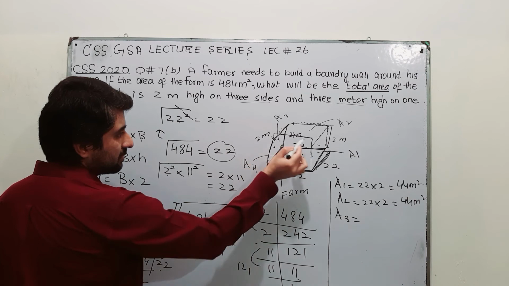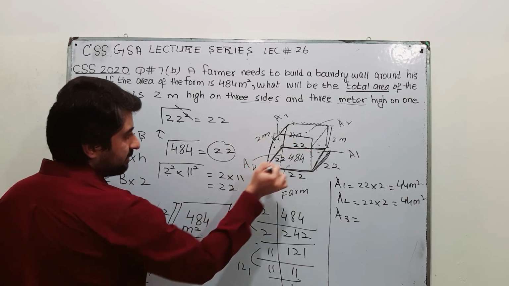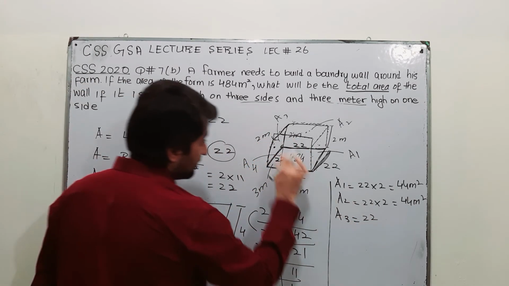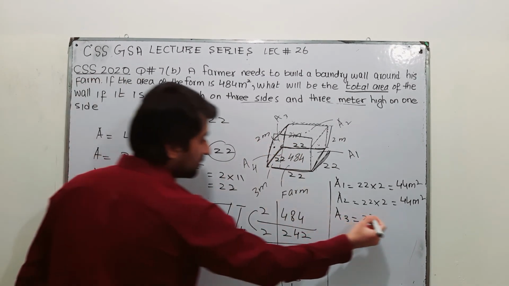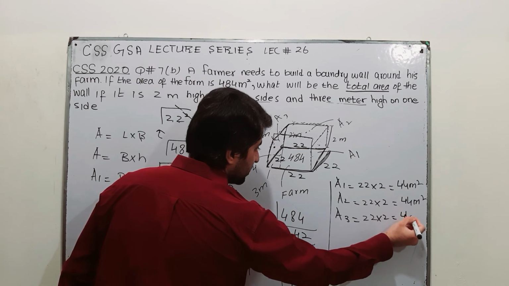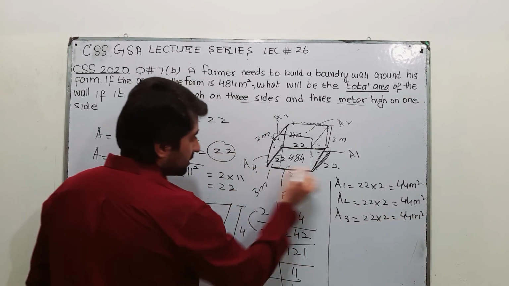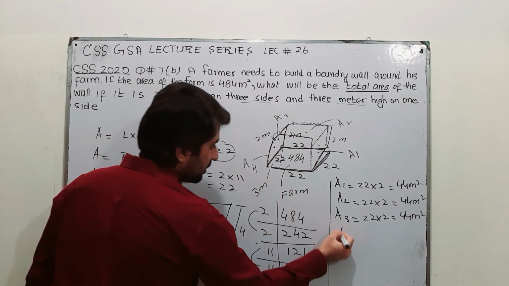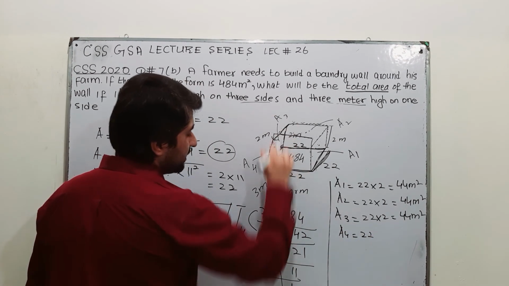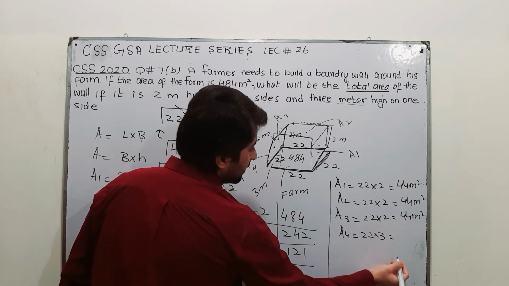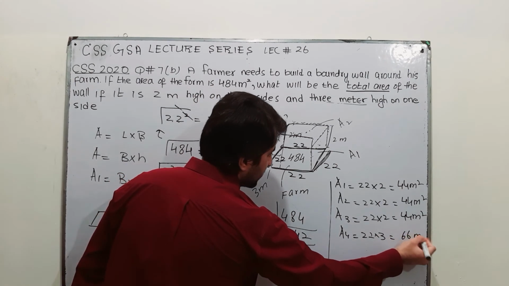The base is 22 as it is of rectangular shape, height is 2, that is 44 meters square. And this front wall A4 has the area, base is 22, height is 3, that is 66 meters square.